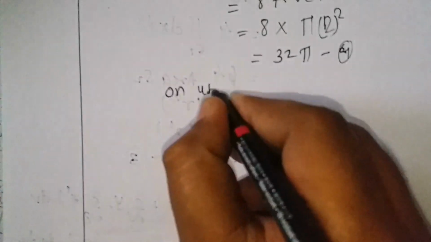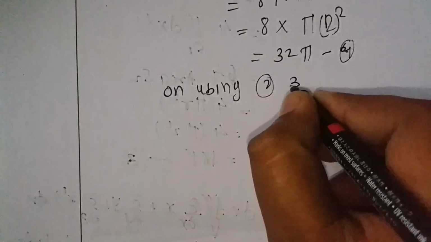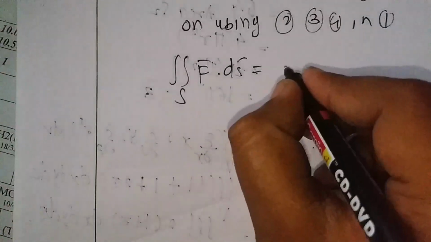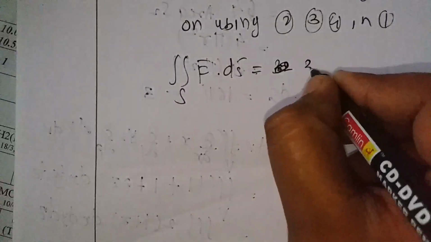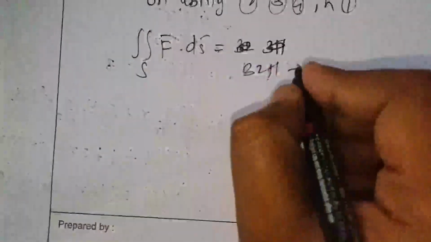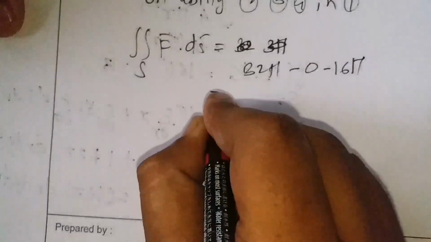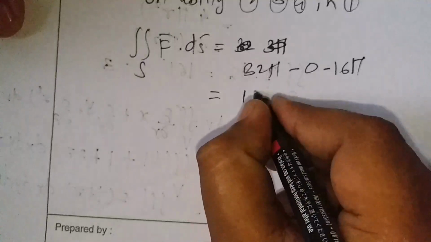On using 2, 3, 4 in 1, we'll get the required double integral over the curved surface S of f bar equal to the triple integral, 32 pi, minus the double integral over S1, which is 0, minus the double integral over S2, which is 16 pi. So 32 pi minus 16 pi will be 16 pi.